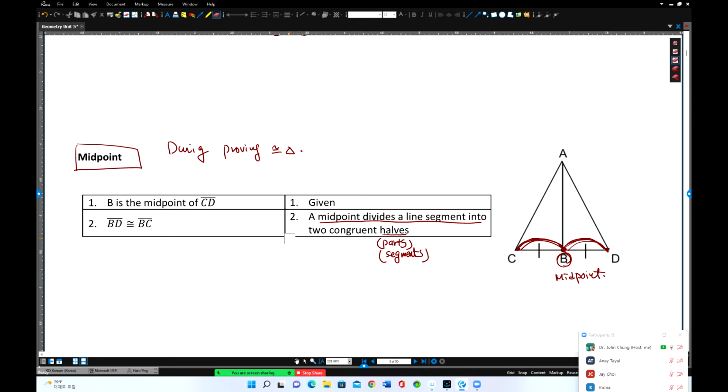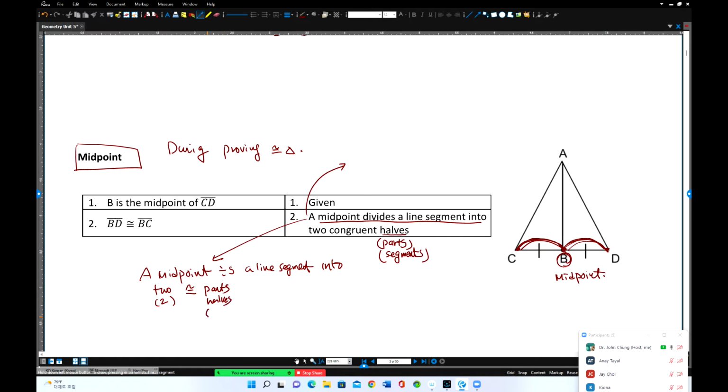But sometimes we use symbols over here. A midpoint, take a look. How can you find the symbols? A midpoint divides a line segment into 2 congruent, or 2 is okay too, 2 congruent using a symbol, halves, or 2 congruent parts, halves, or segments.